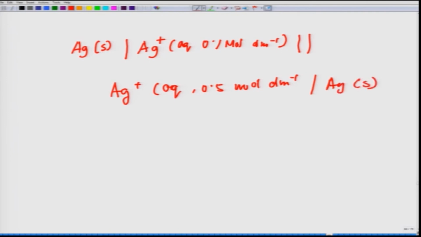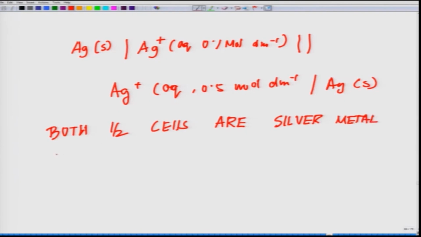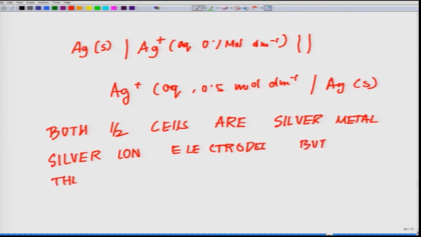Both half cells are silver metal, silver ion electrodes, but the concentration of silver ions in either of the half cells is different.